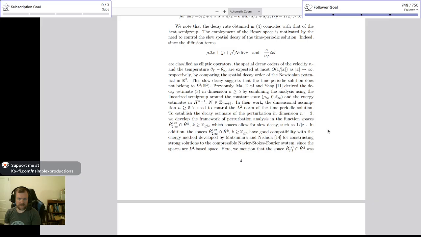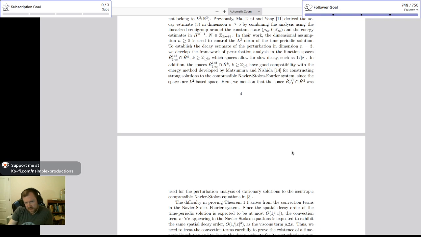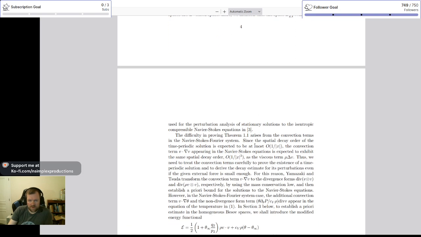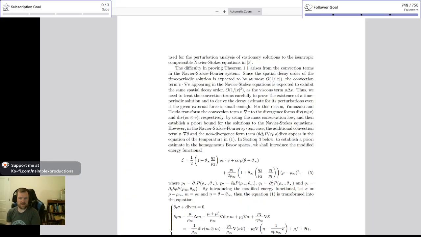In addition, the Besov spaces intersect H have good compatibility with the energy method developed by Matsumura and Nishida for constructing strong solutions to the compressible Navier-Stokes-Fourier system, since the spaces are L2 based spaces. Here we mention that the space H3 was used for perturbation analysis of stationary solutions to the isentropic compressible Navier-Stokes equations in R3.